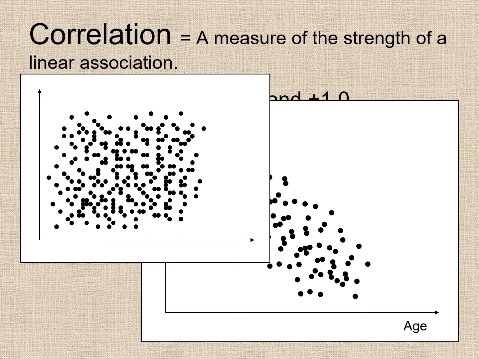So we see that the average value on the y variable is approximately the same independently of the value on the x variable. So if it looks like this, then we would have a correlation close to 0. No linear association between the two variables.